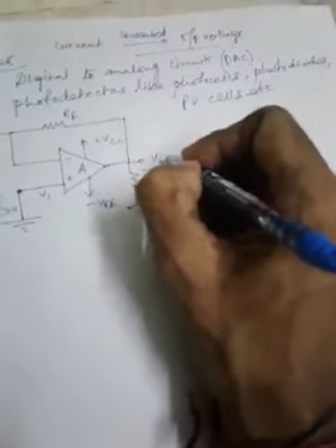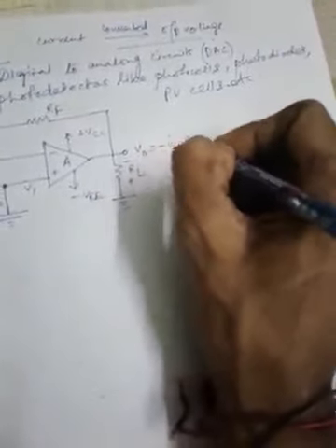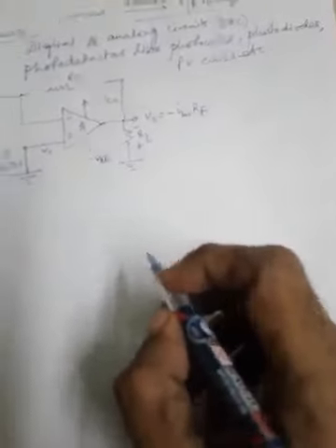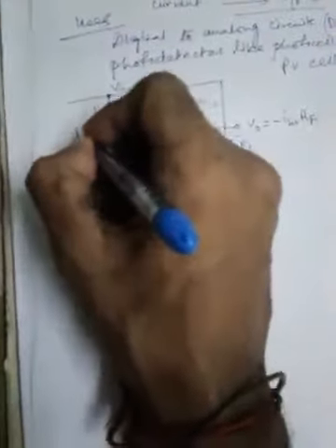VO is nothing but minus I in into RF, and this node voltage is V2. I in is flowing through RF, the input current, and the current into the inverting input terminal is IB2, which is approximately 0. So therefore the full I in will be coming from the left side.